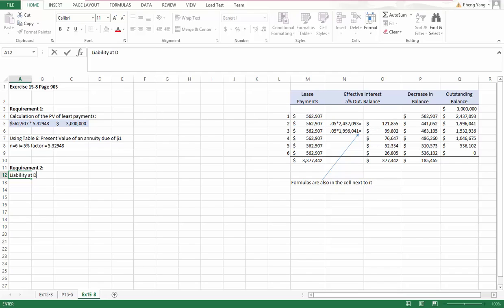So the liability at December 31st, 2013, my initial balance, June 30th, 2013, is the 3 million.